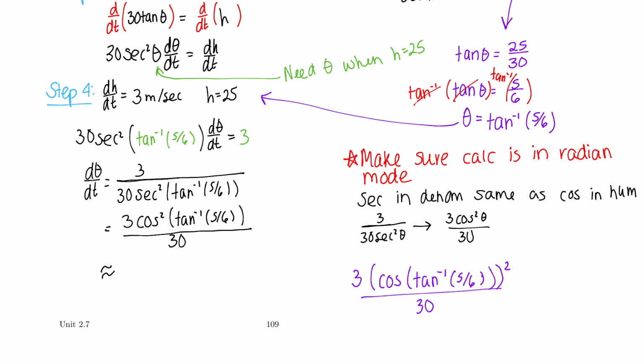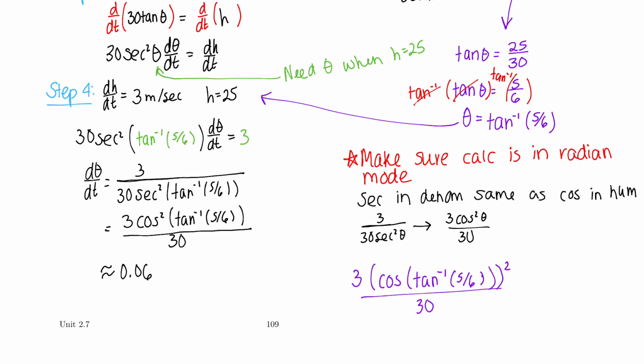So if you do that, plugging this into your calculator, and you do want to practice this, you should get, rounding to 2 decimal places, 0.06.